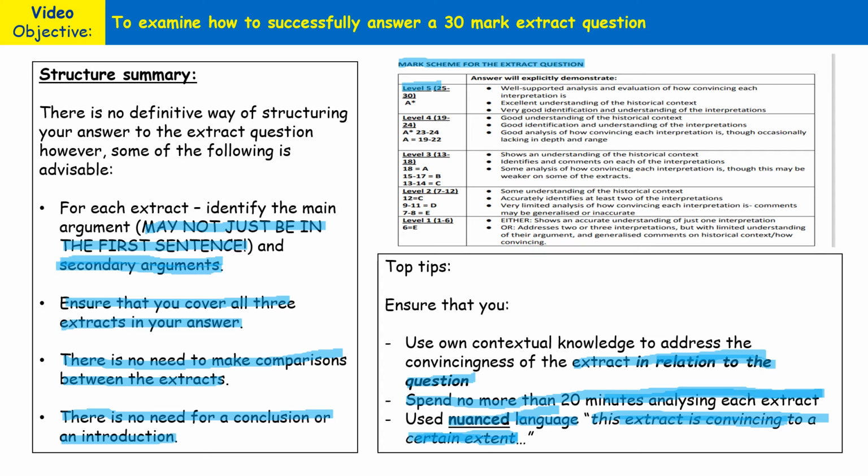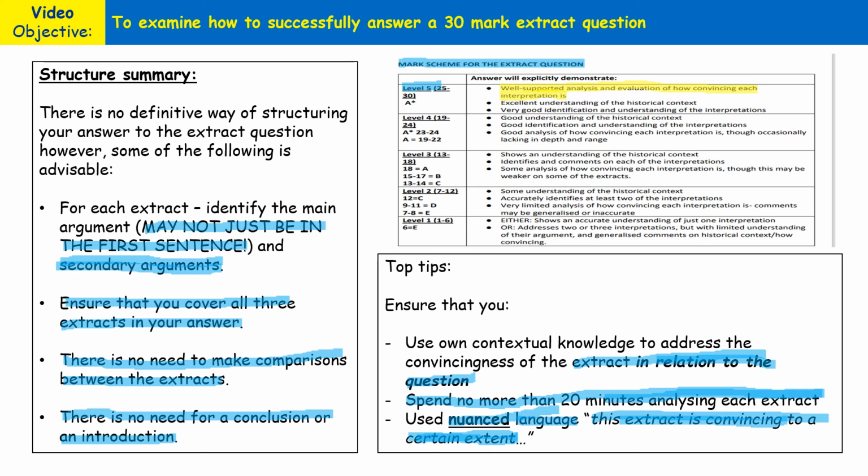Now, I'm going to very quickly refer to the mark scheme for levels 4 and 5. You can see what's needed for levels 1, 2 and 3, but in order to aim for these top marks between 25 and 30, or 19 to 24 if you're aiming for a level 4, this is what you need to be able to do. To achieve a level 5 answer, you should give a well-supported analysis and evaluation of how convincing each extract is, how convincing each interpretation is.